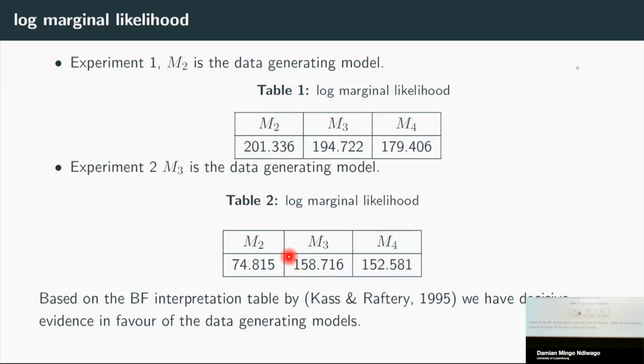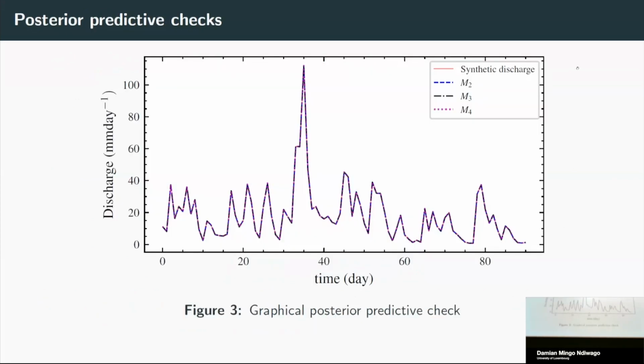For the second experiment, from the three-bucket model, which has more parameters than the two-bucket but fewer than the four-bucket, the model M3 was selected. And based on the table for the weight of evidence, we were at the highest level of evidence for this, which is decisive. Then we also applied this to real-world data, which I will talk about.